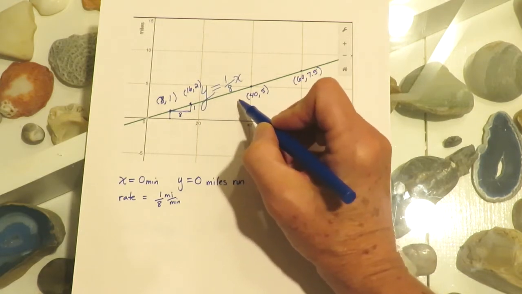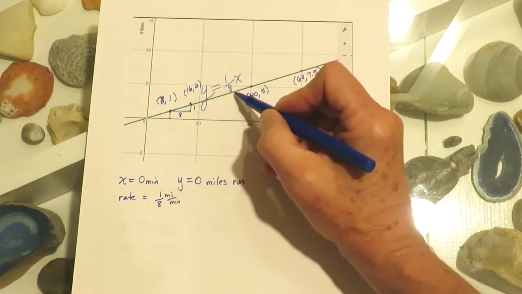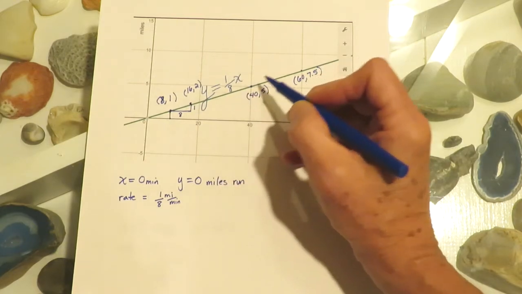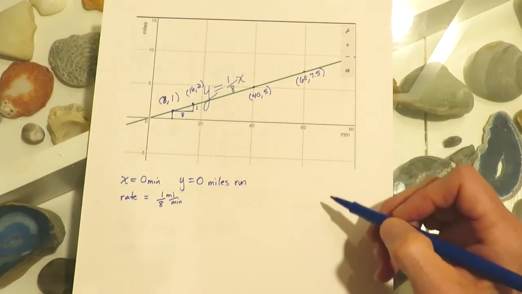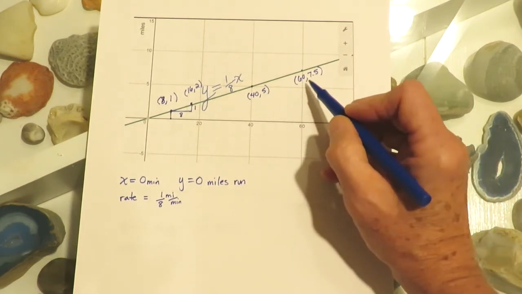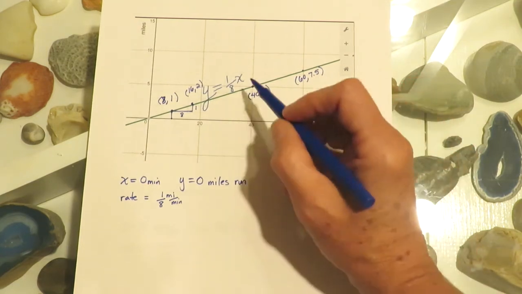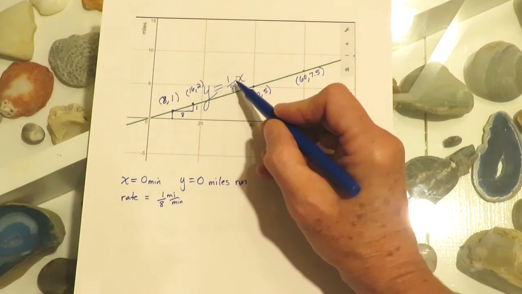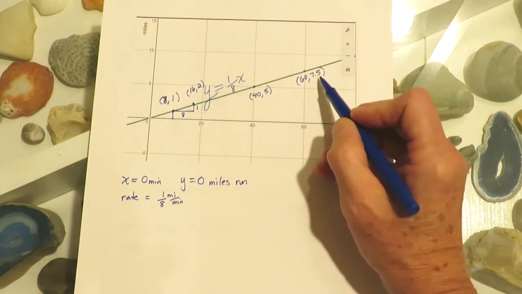If I run 8 more minutes, or 32 minutes total, my distance is 4 miles. And if I've run 40 minutes, I've gone a total distance of 5 miles. If I've run a whole hour, then I've run 7.5 miles. So 7.5 would be 1/8 times 60.